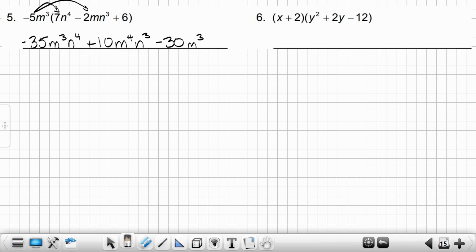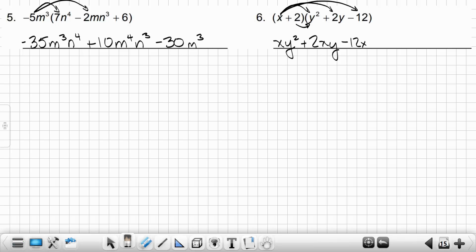So Bethany, we have to do double distribution. Go ahead. XY squared, they don't combine. 2yx, let's keep it in alphabetical order. 2xy. Negative 12x. So now I have to check to see whether or not I need to stack as I go. So Bethany, let's distribute the 2. 2y squared.